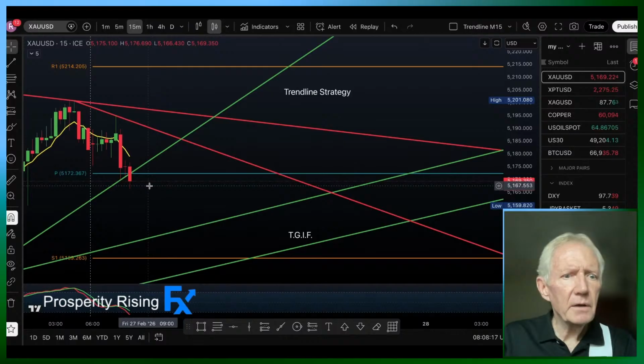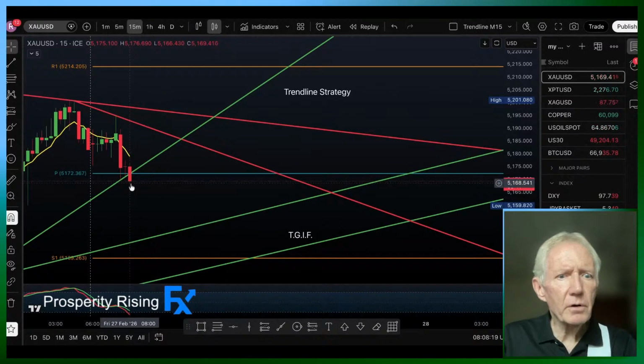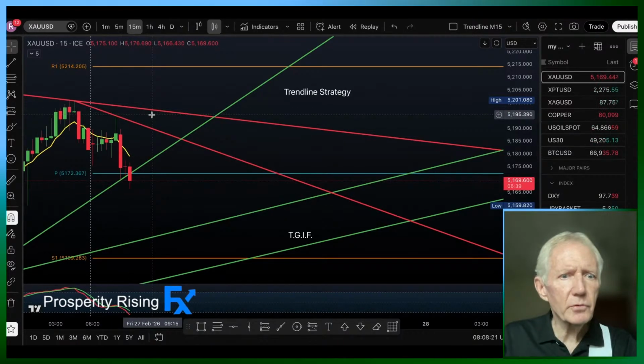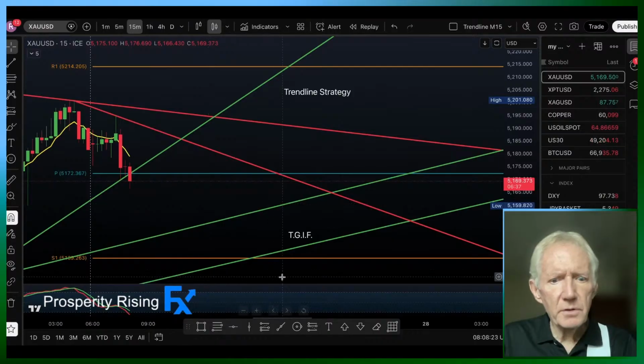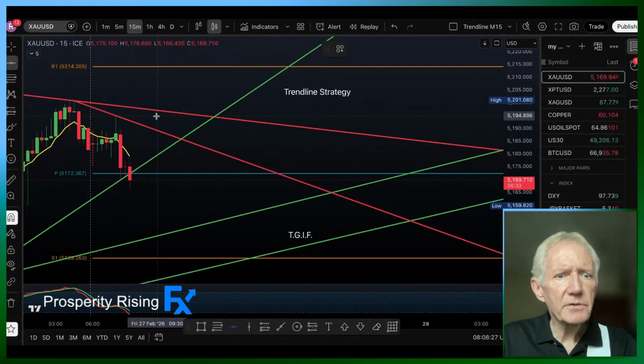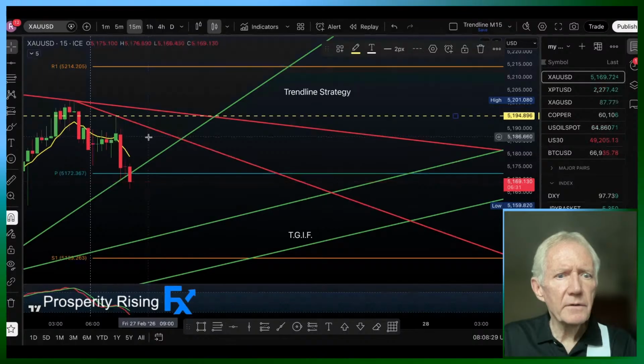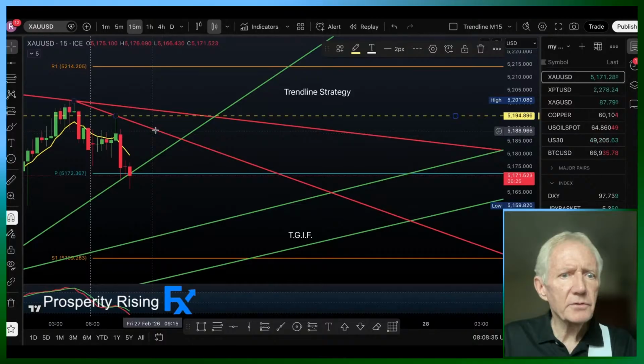I would normally be really interested to pull the trigger on a short trade here, but the stop loss would be so far away. Let me just give you an indication of where the stop loss would normally be. This is what we call my safety line, this red downward trend line. This is my safety line. So I put my stop loss up there above it, give it some breathing room if it should break above that.